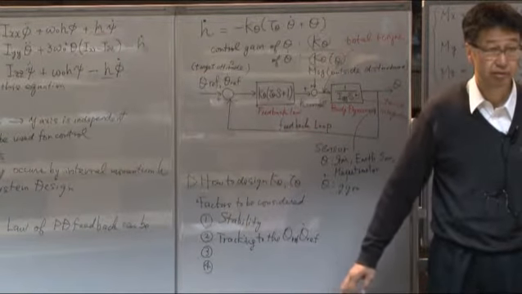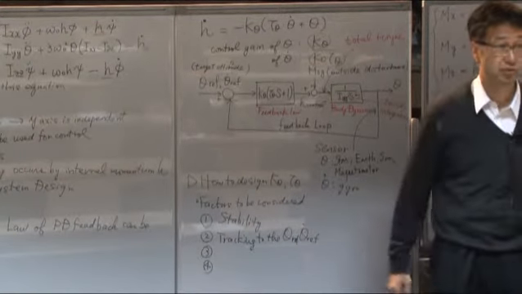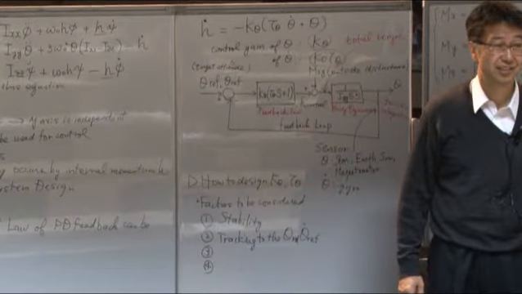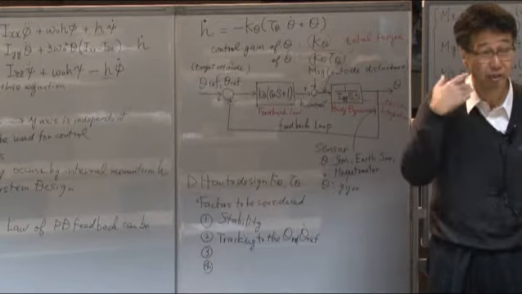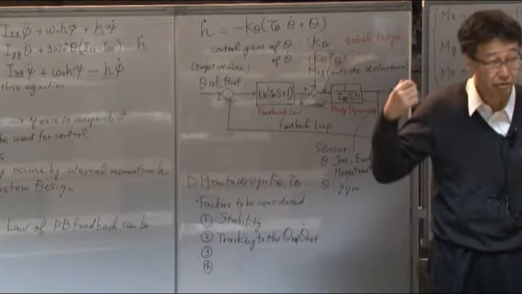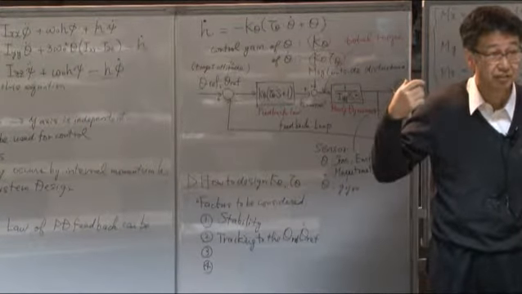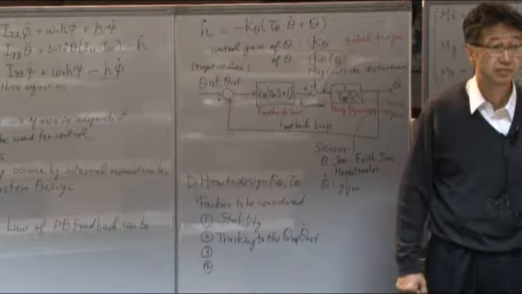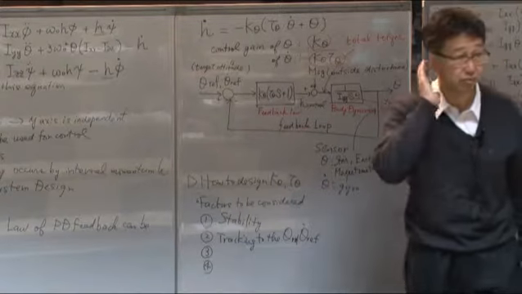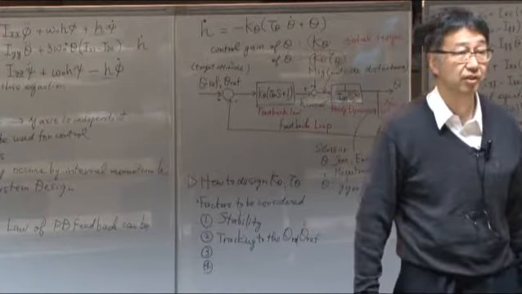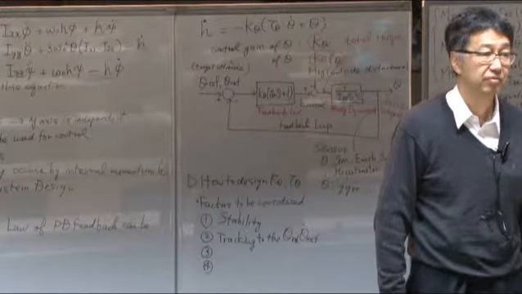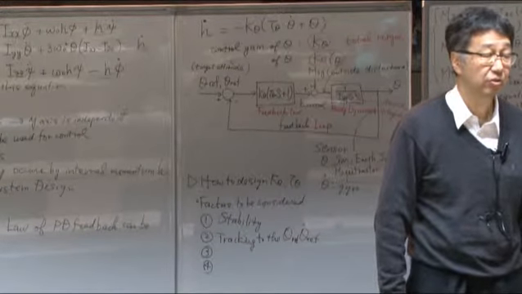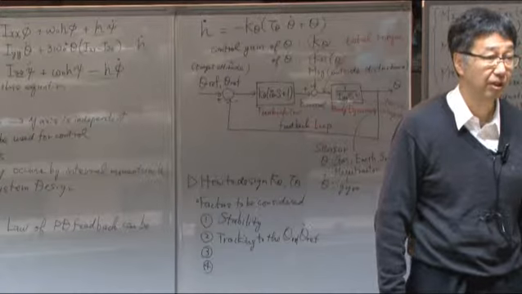Okay? How about you, In-kun? Disturbance? So when you control, there will be some disturbance that affects your control. Please say a little louder. When you control things, there should be some disturbance that affects your control. So, what can you do about the disturbance?